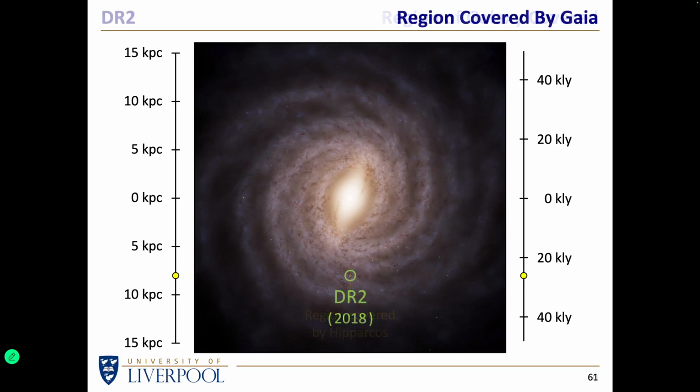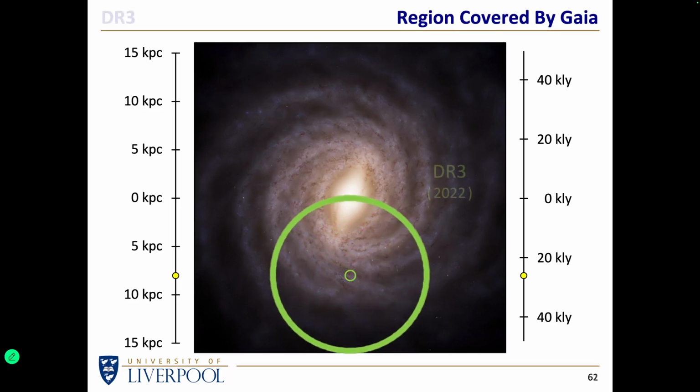Data release 2 of Gaia back in 2018 extended that range so that we could now see a little bit of the arm in which we sit and other regions as well, but still a limited view of the entire galaxy. Data release 3, because of the higher precision that was achieved, allowed us to get parallax from much further afield, and so the reach of data release 3 was much, much larger.